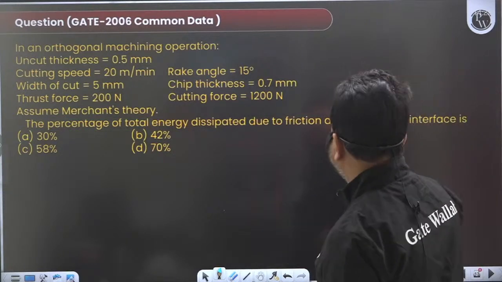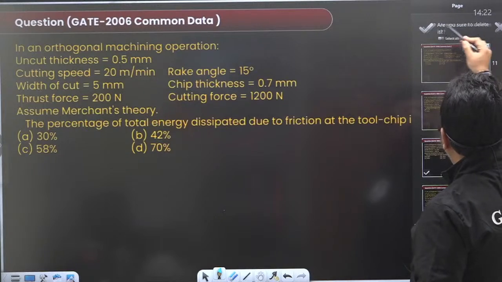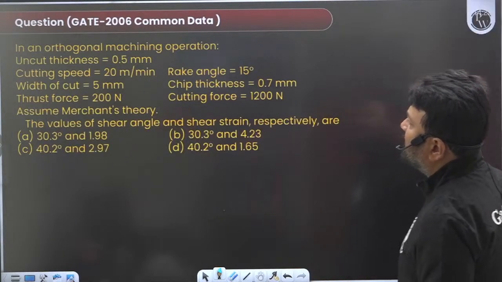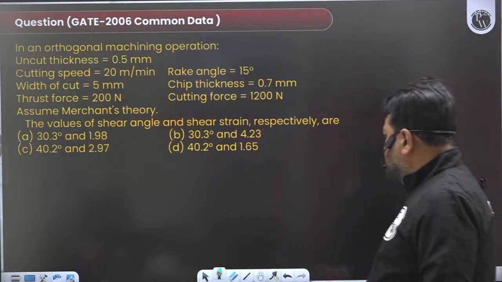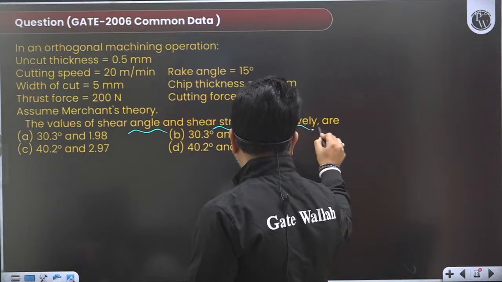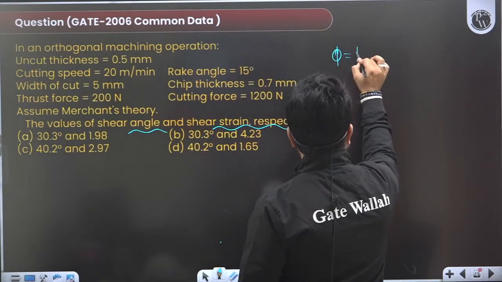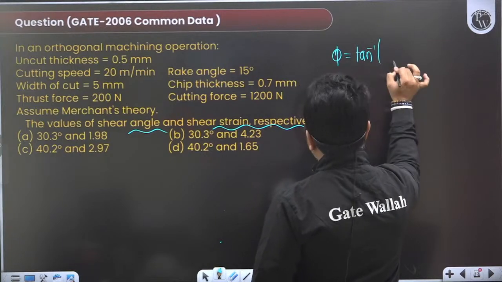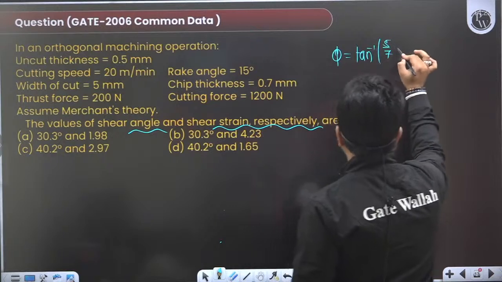Now it is the same question. Here the value of shear angle and shear strain respectively. So shear angle phi equals tan inverse of r cos alpha divided by 1 minus r sine alpha, where r is 5 by 7.